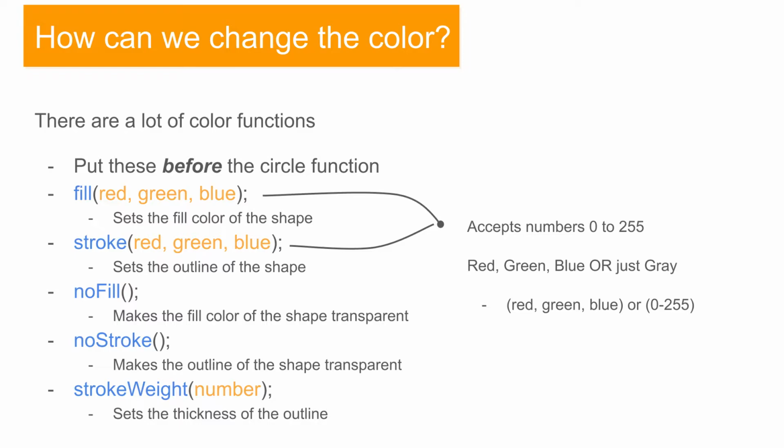One of them is fill, and that's going to take a red, green, and blue value to choose a color. The fill is just going to be the fill color, so on our circle, that would be the white center. The stroke is the same as the outline, and that also has a red, green, and blue. If you want to completely get rid of the fill or the stroke, then you can put no fill or no stroke. And if you wanted to increase the thickness of the outline, you can put stroke weight and put in a number, which is going to act as the thickness of the line. So let's try it out.